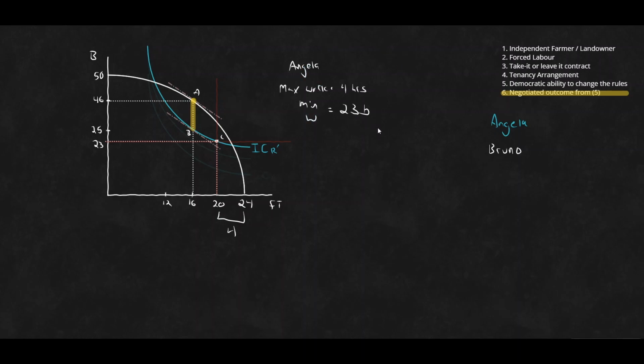If that's the case, essentially what it's saying is that if you were to negotiate another outcome, it must be a Pareto improvement from point C. That is, maximum work of 4 hours, a minimum wage of 23 bushels. We can work out this negotiated outcome altogether.